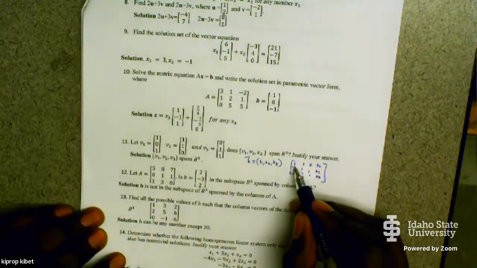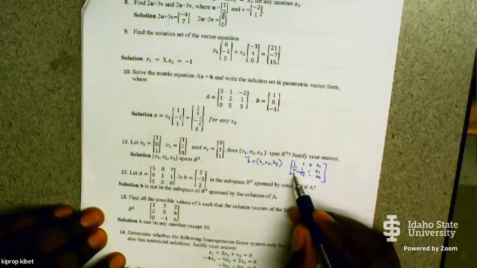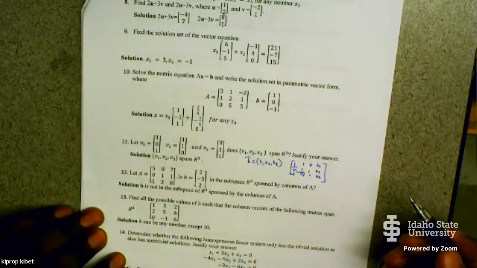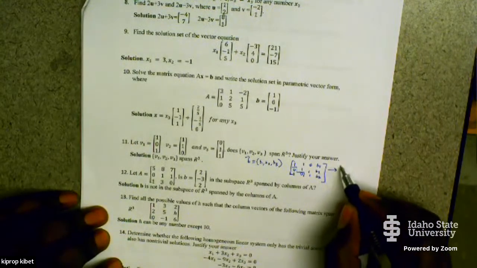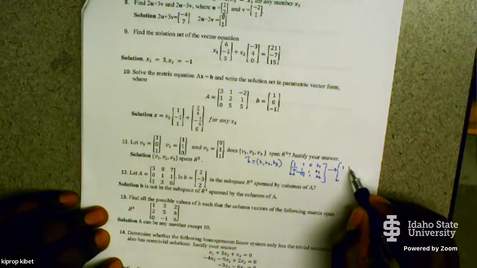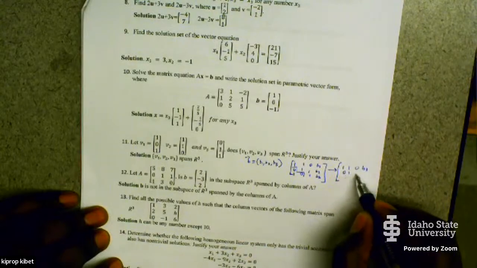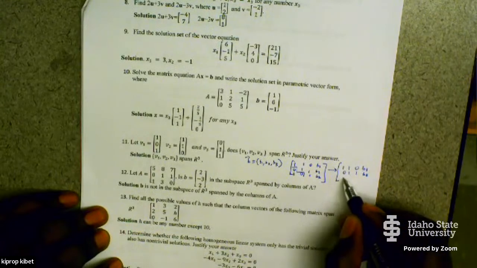So the only thing you do is reducing that one. So 1, 1, 0, b1, 0, 1, 1, b2, and then finally we subtract, right?